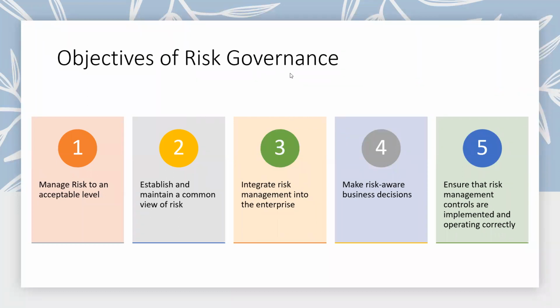Objectives of risk governance. So manage risk to an acceptable level, establish and maintain a common view of risk. In an organization, everyone needs to have a common understanding of risk, not of IT risk, but of risk. We speak a common language.